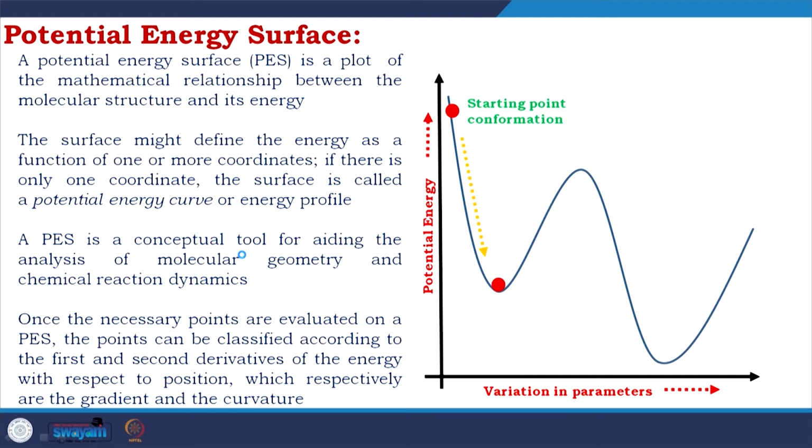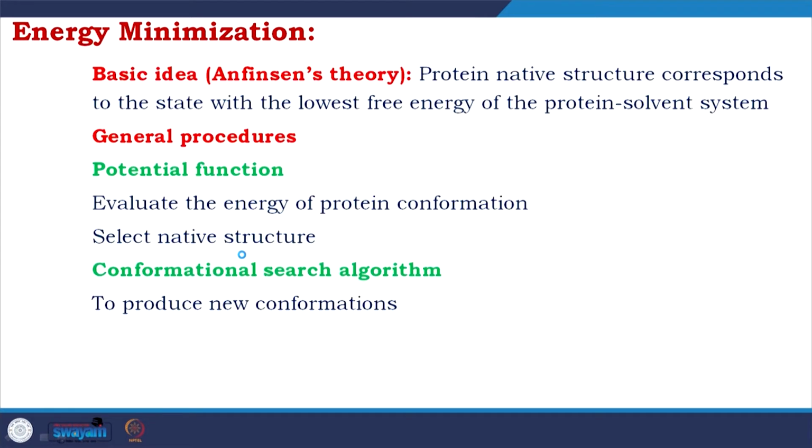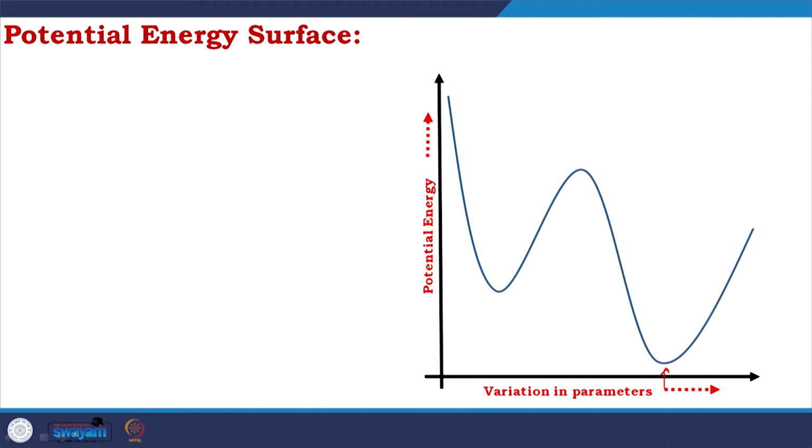One thing I should go back and talk about again is what I did not utter here. The protein's native structure corresponds to the state with the lowest free energy of the protein-solvent system. That is a hypothesis which is giving us a proper drive. So, we know that if we have a curve like that, definitely the lowest point would be considered the global minima.